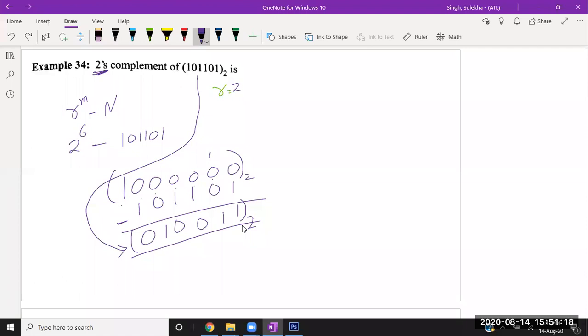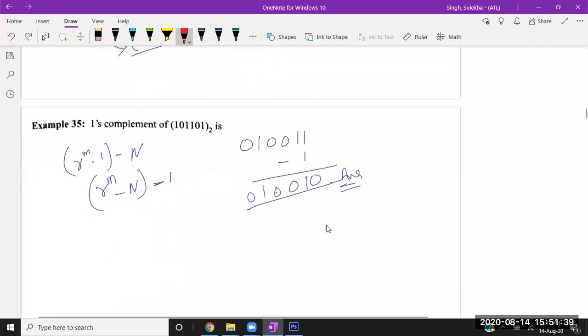Okay, so till now, very good. Whatever we are using is a conventional method. Now I will tell you the way by which you will calculate two's complement or one's complement. Simply, I'm going to do one's complement first. Suppose this is the example, and you want to calculate one's complement for this number.